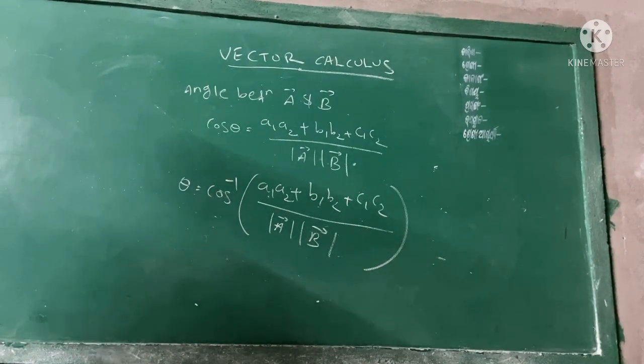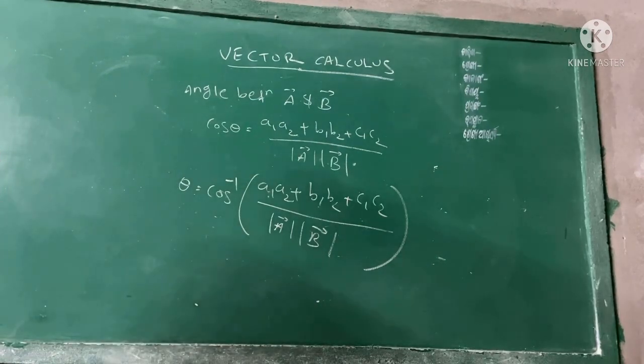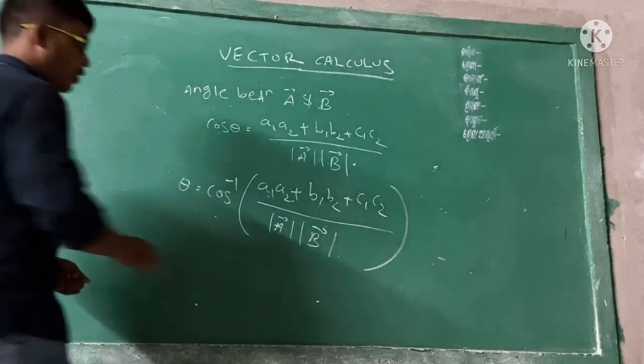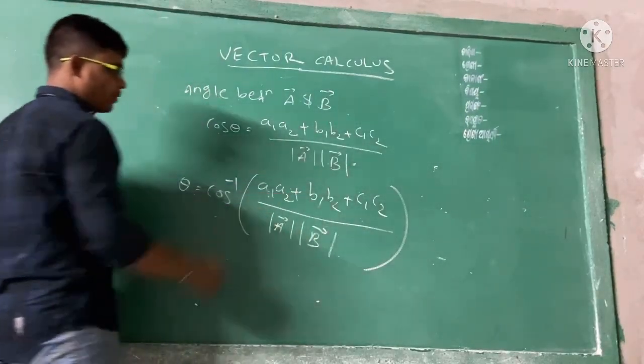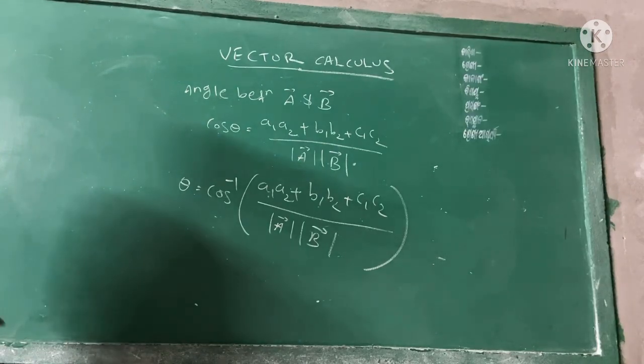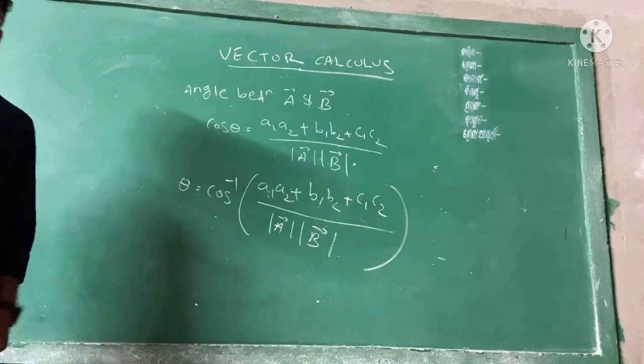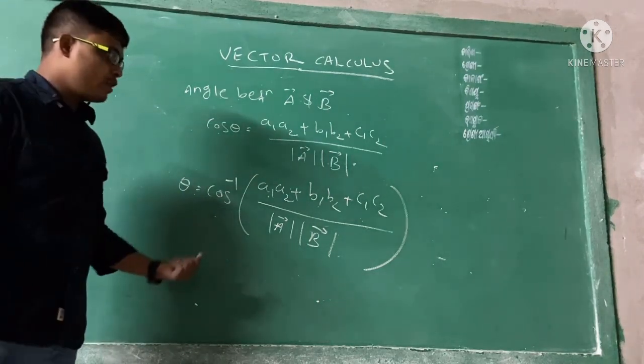Magnitude is a scalar. This is how to find the angle between two vectors using the dot product.